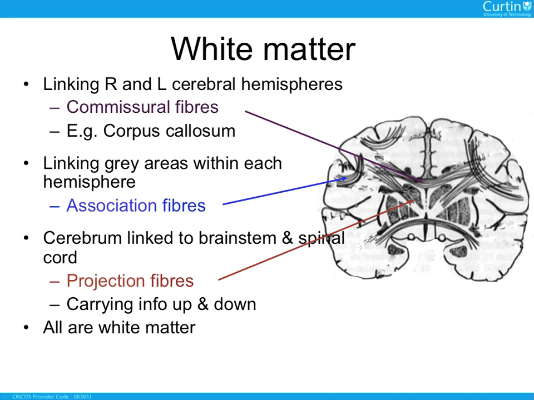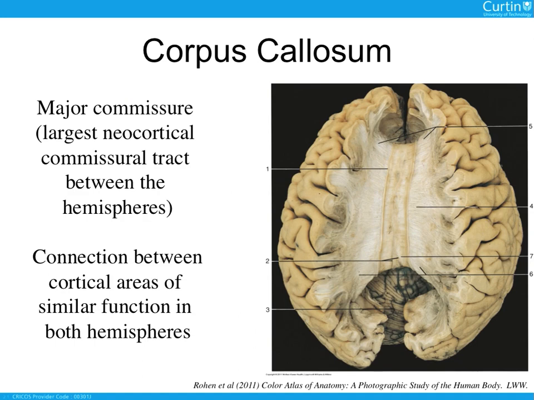So let's have a look at some of the commissural fibers in the corpus callosum. What we've done here is dissect away some of the frontal, parietal and occipital lobe, down to the corpus callosum. Again, this is a huge information superhighway between the two cerebral hemispheres.